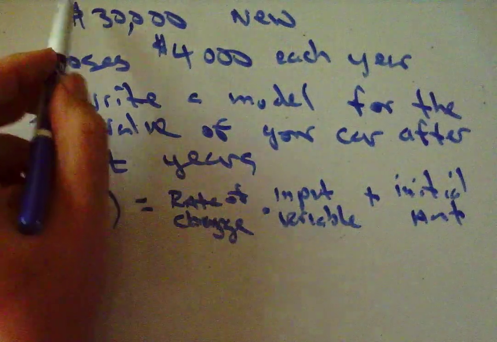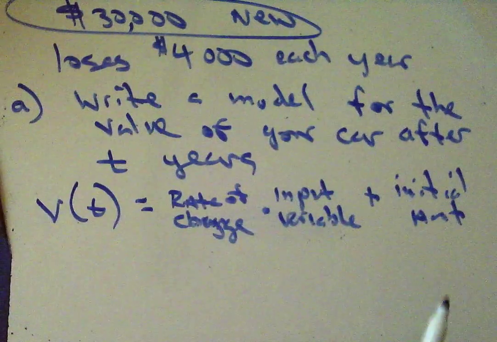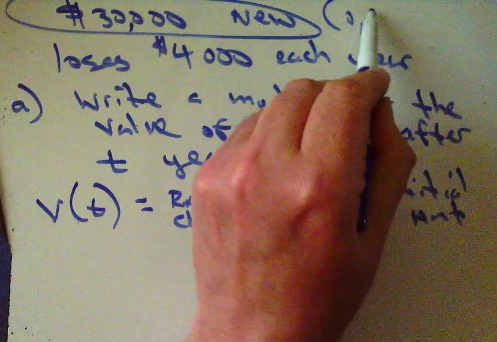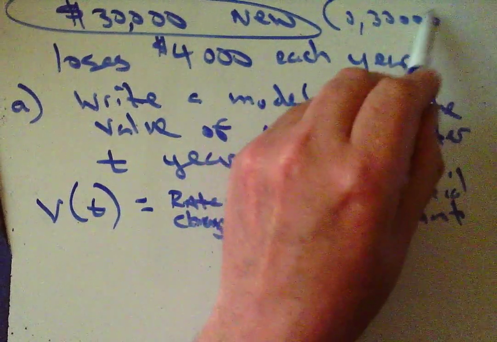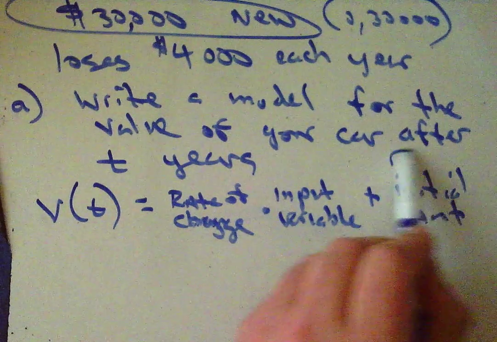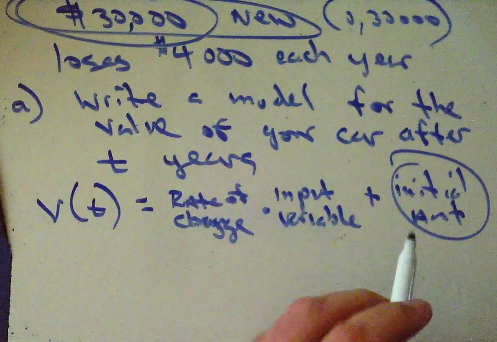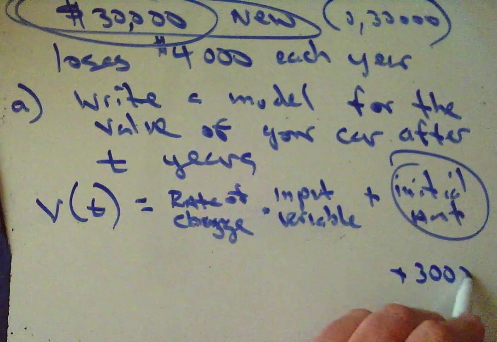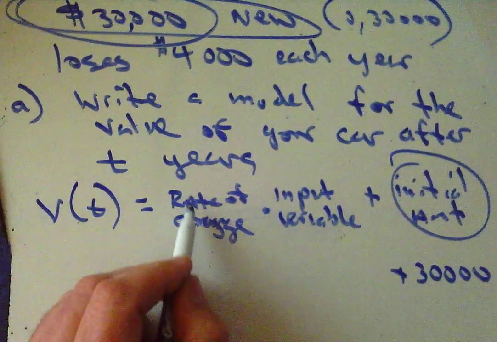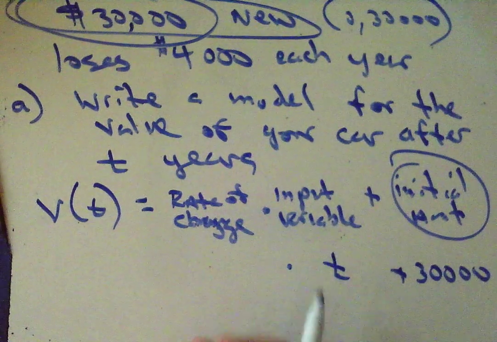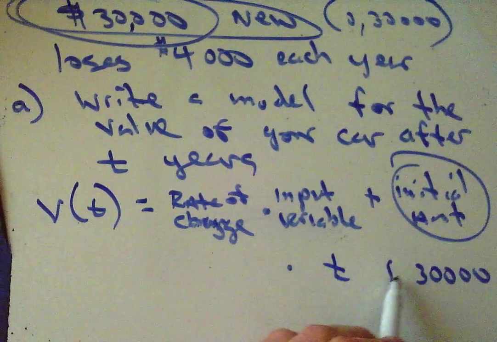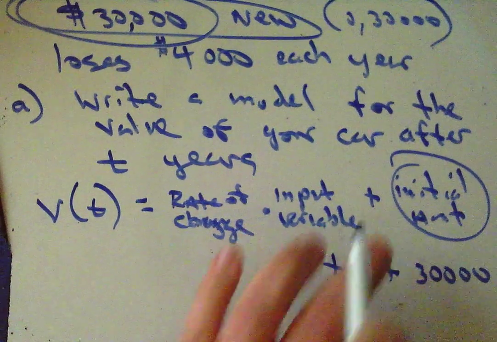Brand new, I could think of it as the ordered pair (0, 30,000), but this is the initial value of the car. So plus 30,000. Now, what about the rate of change? I know the input variable is time here.